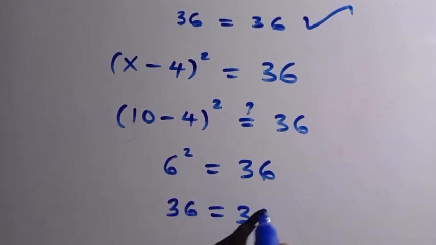And 36 equals 36. So it means the only two solutions here are minus 2 and 10. That's how we get this.